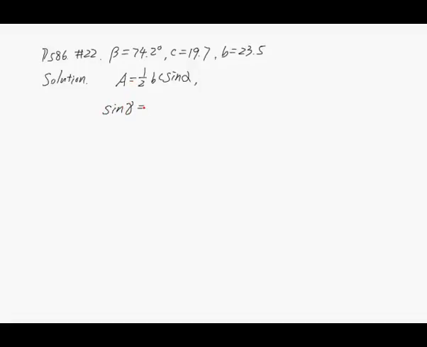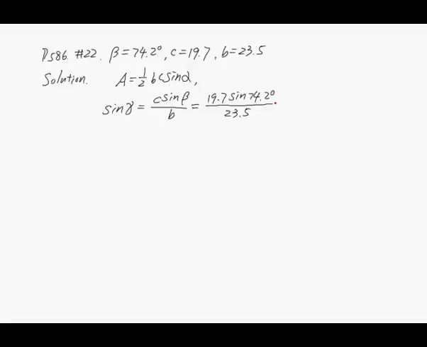Sine gamma is equal to c times sine beta over b. And c is equal to 19.7, beta is equal to 74.2 degrees, and divided by b, 23.5.